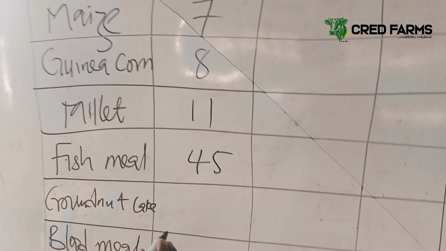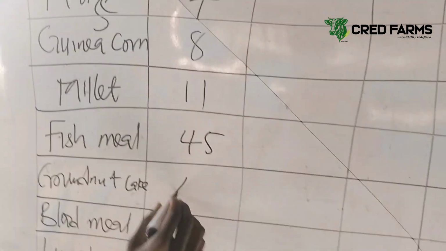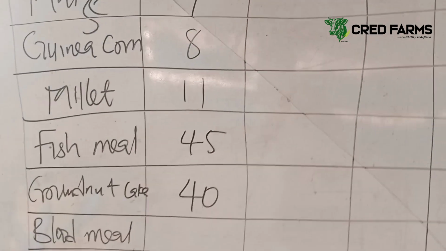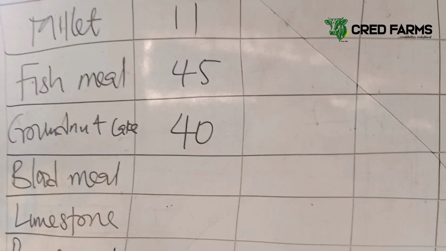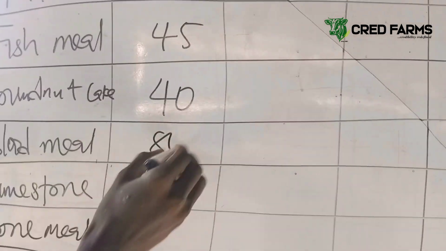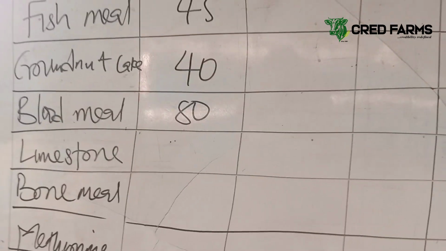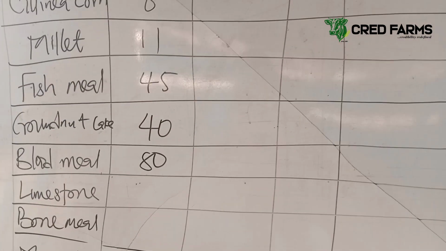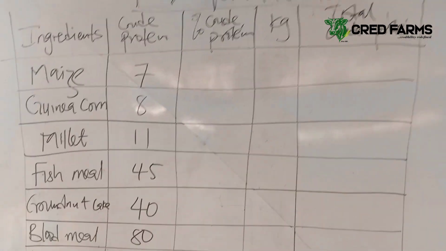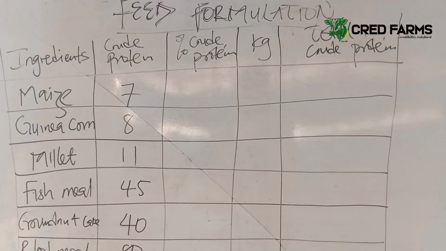For groundnut cake, you have 40, and for blood meal, you have 80. So these are the crude protein values for the carbohydrate sources and the protein sources.